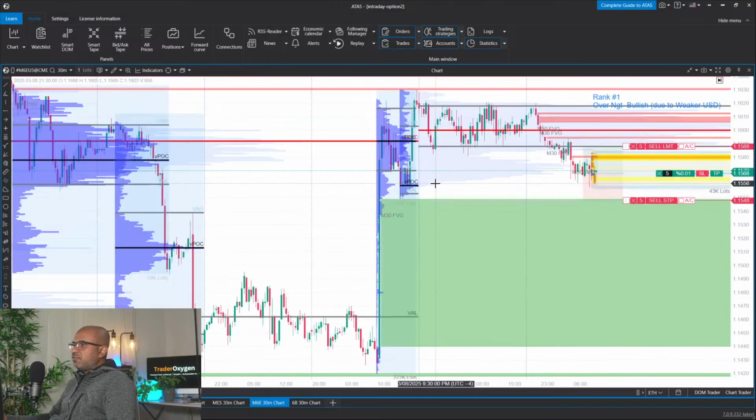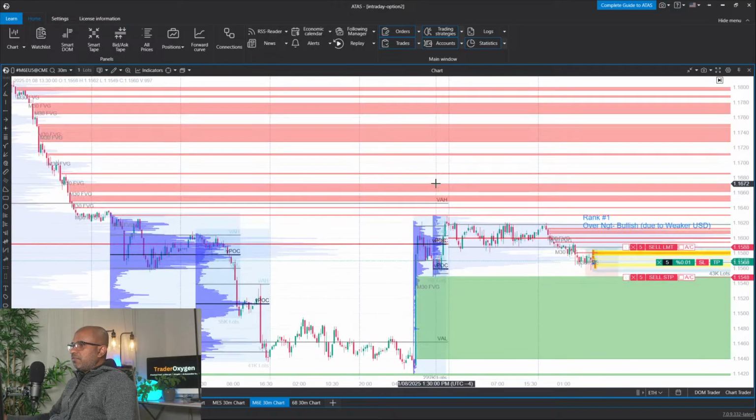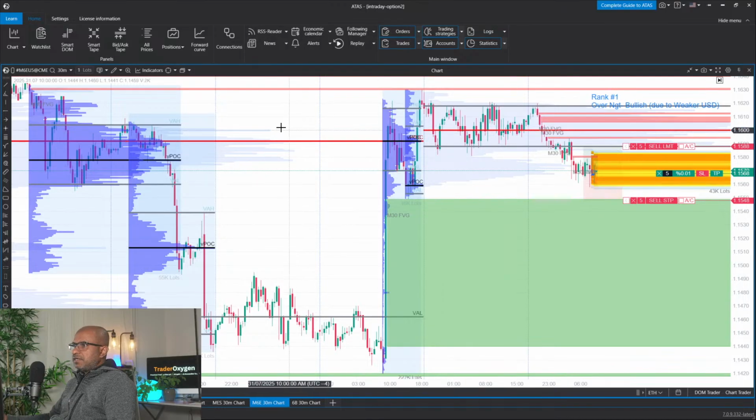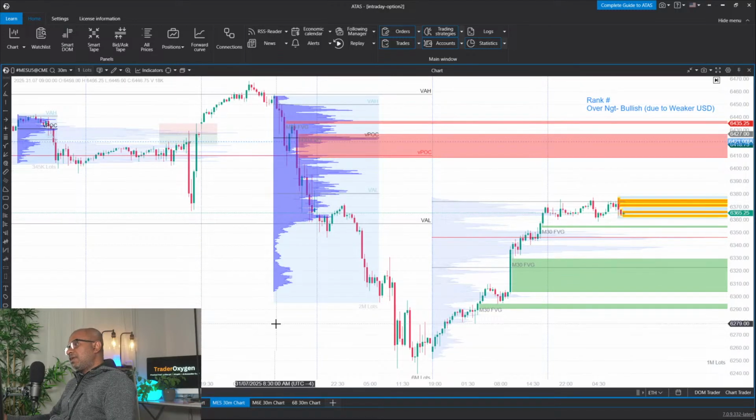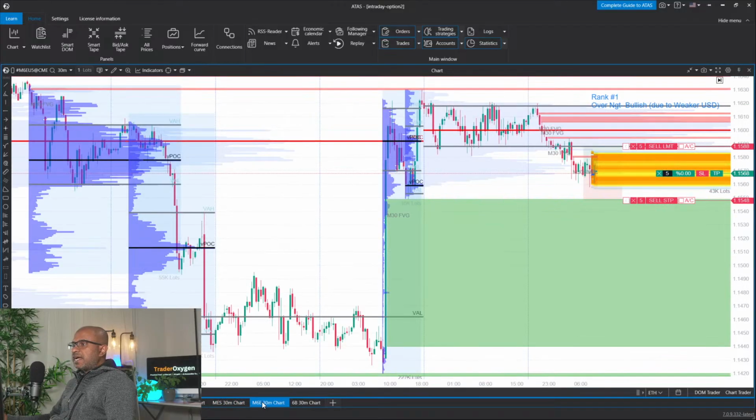So you can see, if I just zoom it a bit, compared to MNQ, micro mini Nasdaq index futures, and MES, micro mini S&P, you can see the price action and the market structure is bullish in Euro FX futures, right?